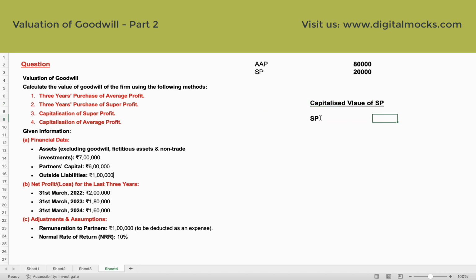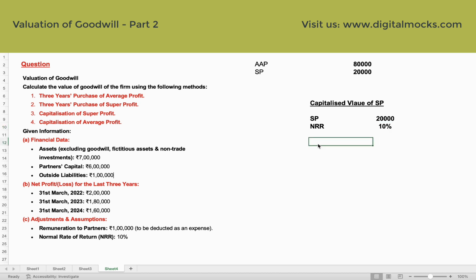So we need two things: super profit, that is 20,000, and the normal rate of return, that is 10%. As I already explained, the capitalized value is how much money we need to invest in the bank to earn this 20,000, assuming the bank will be giving me a 10% return.